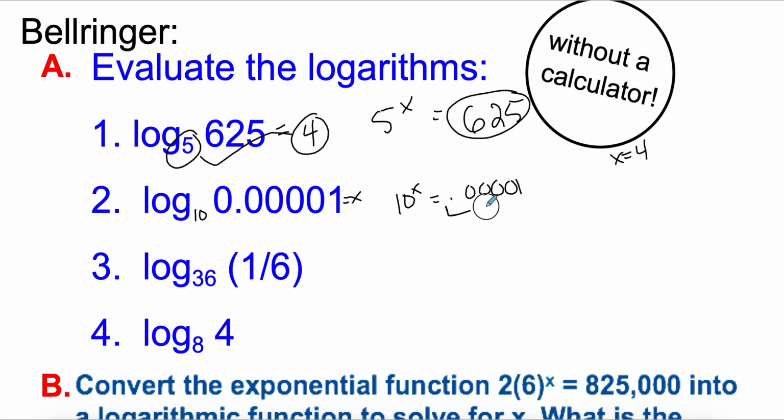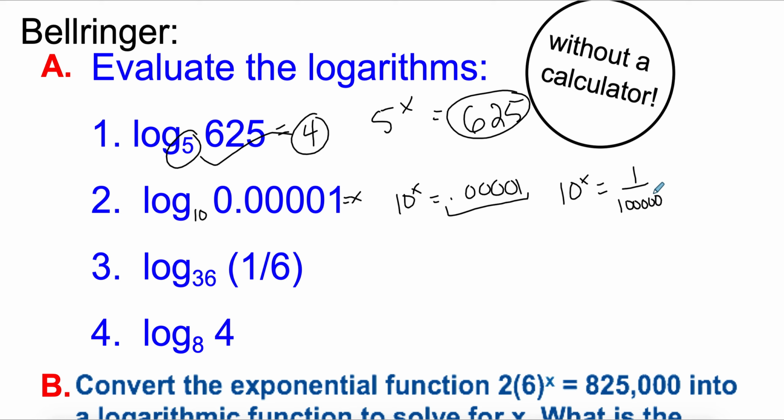And remember, it's best to rewrite these as a fraction to see what it'll look like. 10 is a pretty good number to work with. We can use 10 to get powers of things as decimals like this, or like hundreds and thousands. So this is tenths, hundredths, thousandths, ten thousandths, hundred thousandths.